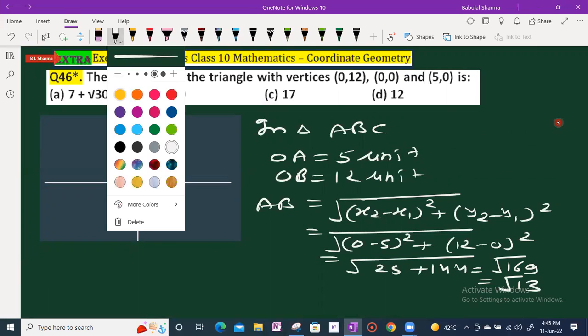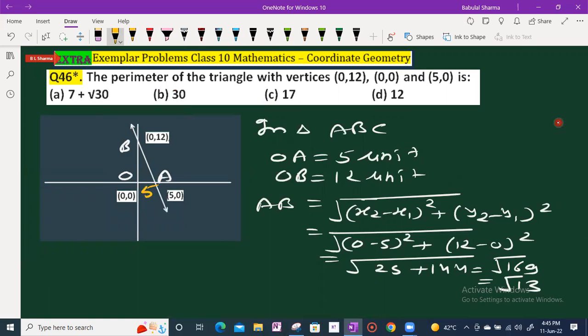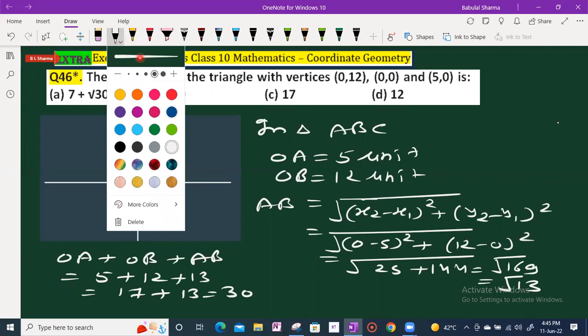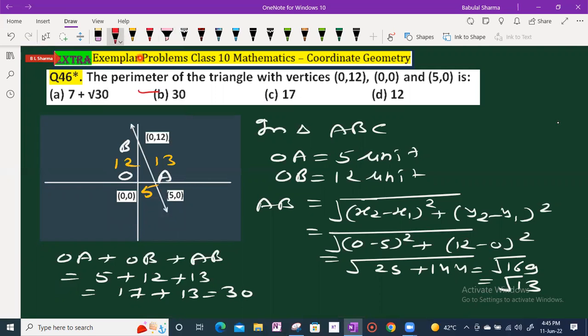So that is 5 unit, this is 12 unit, and this is 13 unit. Perimeter means sum of all sides, means OA plus OB plus AB. 5 plus 12 plus 13, that is 17 plus 13, that is 30 units. So B is the correct option here.